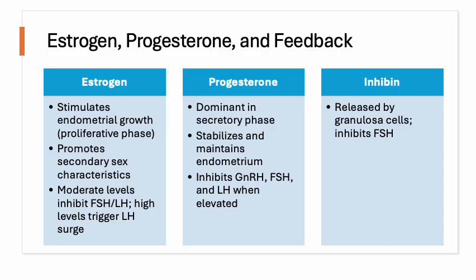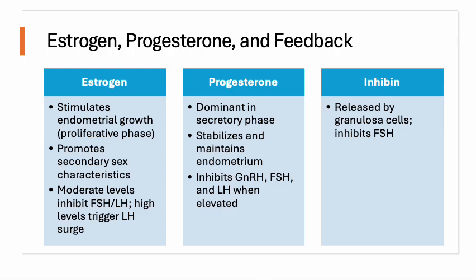Estrogen and progesterone are key ovarian hormones that regulate the menstrual cycle. Estrogen levels rise during the follicular phase, promote the thickening of the endometrial lining, and contribute to female secondary sex characteristics like breast development and fat distribution. Interestingly, moderate estrogen suppresses FSH and LH, but sustained high levels just before ovulation reverse this and cause the LH surge.